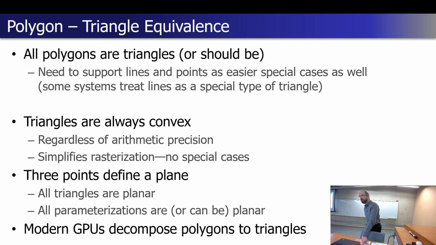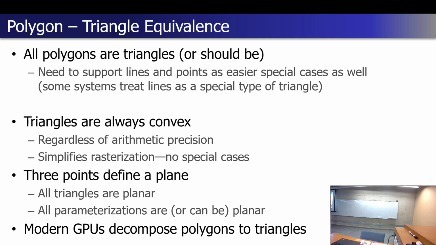Because we have just 3 points, and 3 points allows us to define a plane, all of our triangles are guaranteed to be on a single plane. And so all of our rasterization algorithms, which as we'll see conceptually aren't really that complicated, can be extended directly to triangles without any loss of correctness or generalization.